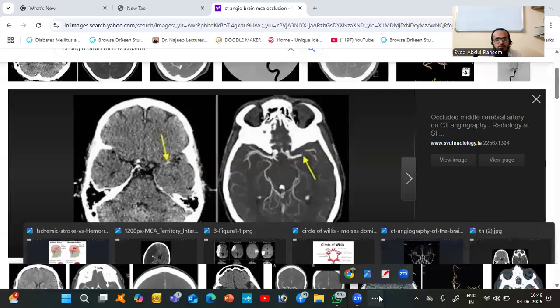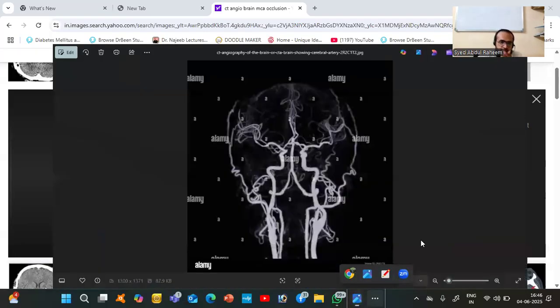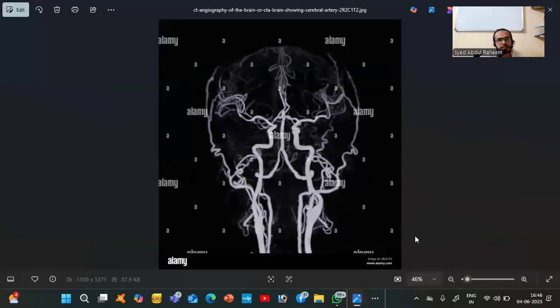So here is the image, you can see. This is the angiograph. In that you can easily see all the arteries of the brain: anterior, posterior, middle cerebral artery, circle of Willis, all these are there.